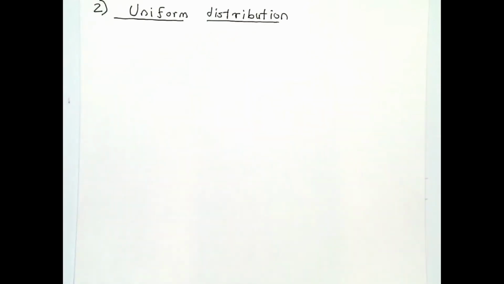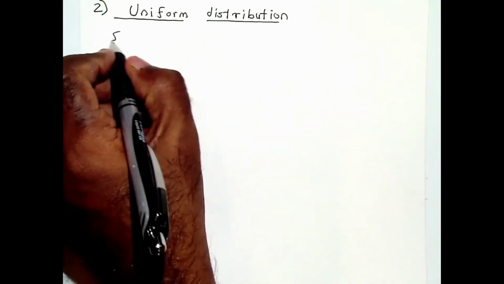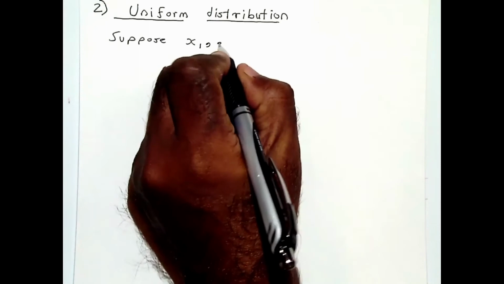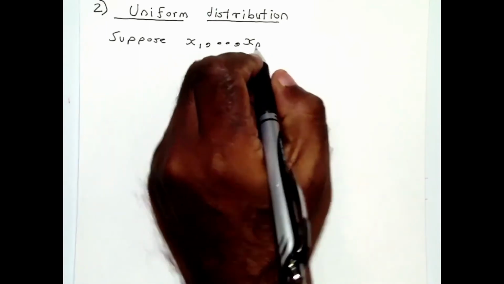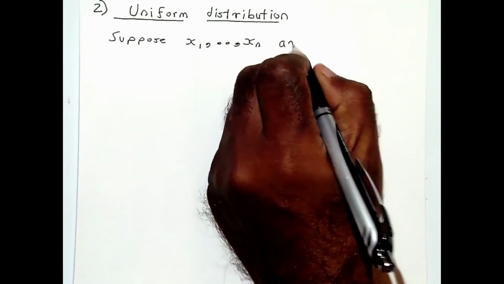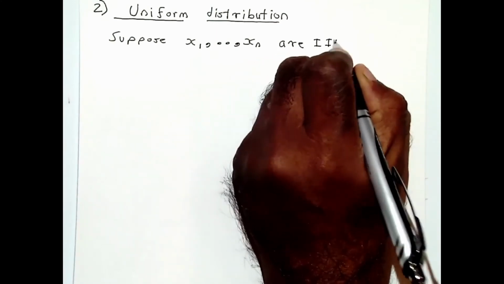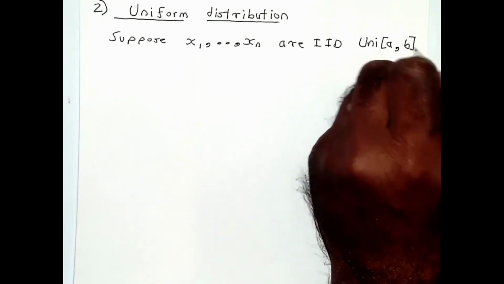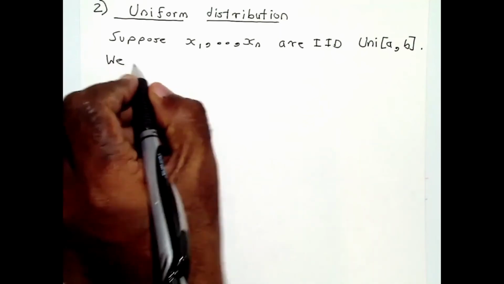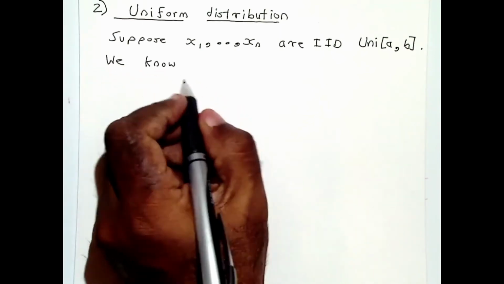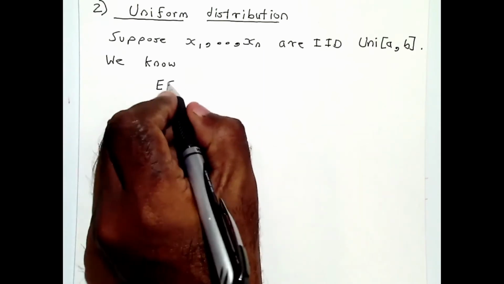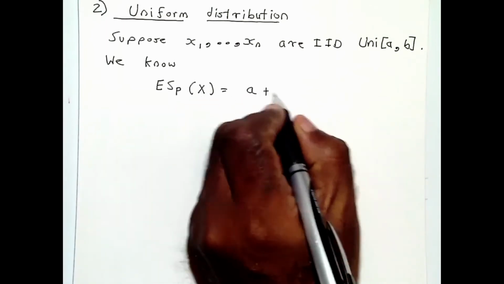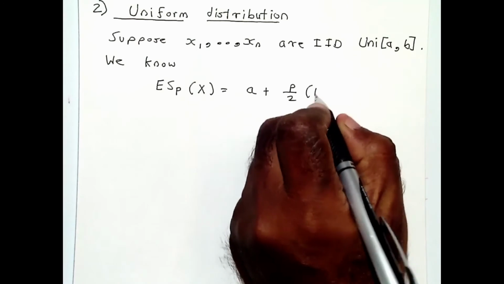So I'm going to suppose that the losses x1 to xn are IID from a uniform distribution with parameters a and b. We know that for this distribution the formula for expected shortfall is (a plus b) by 2 times (b minus a).